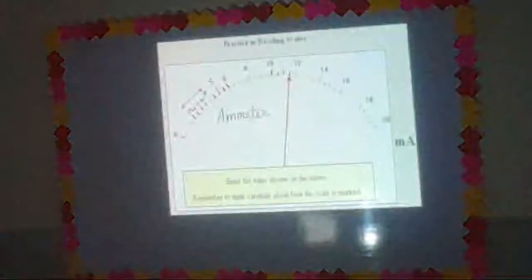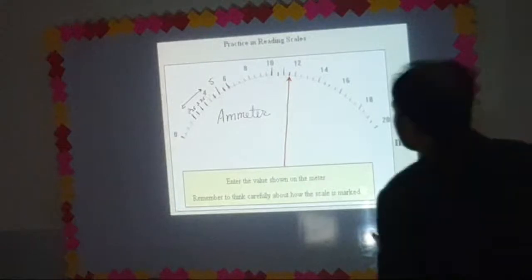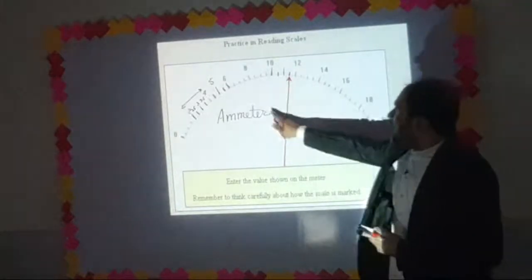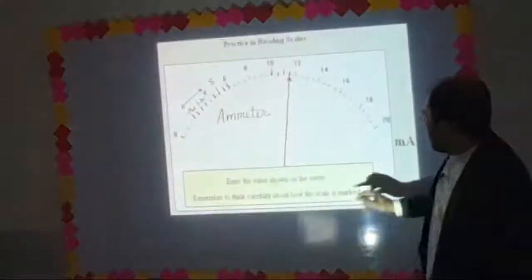This is a question from P4. There are a number of questions in P4 regarding taking the readings, because this is practical work. So, while taking the reading, you must be able to predict the name of the instrument. Number 2, you must have an idea regarding the calibration. Here is 11.5.